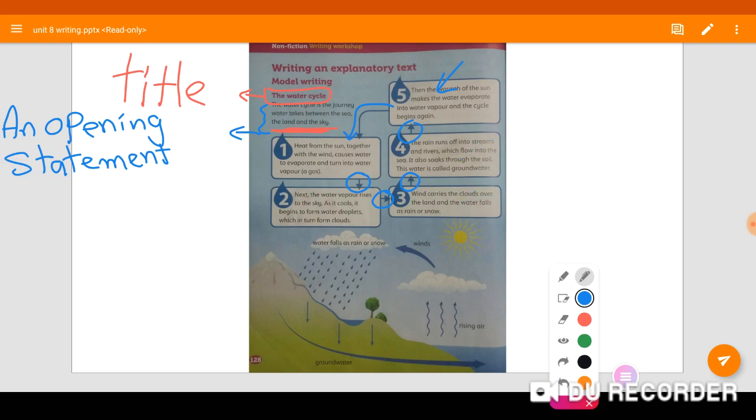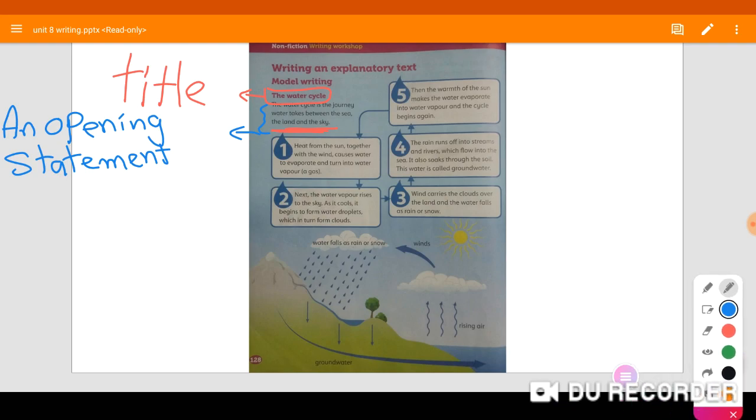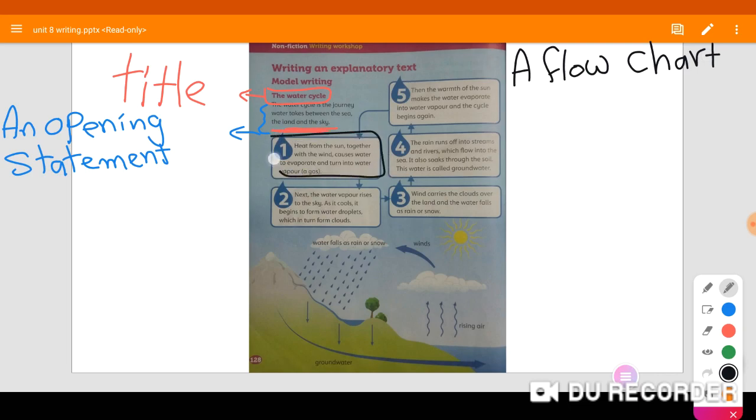So as we mentioned, the first feature will be the title. The second one will be an opening statement, that means an introduction. Number 3, I have to present my explanatory text in a flow chart like the one that we have here. This is called a flow chart, which is divided into squares, okay?